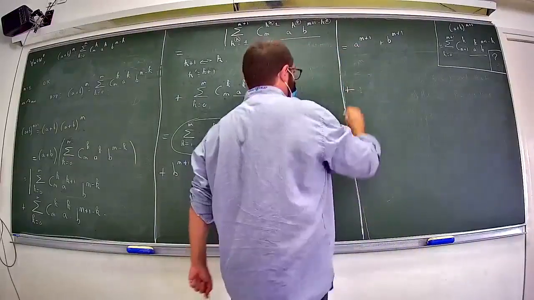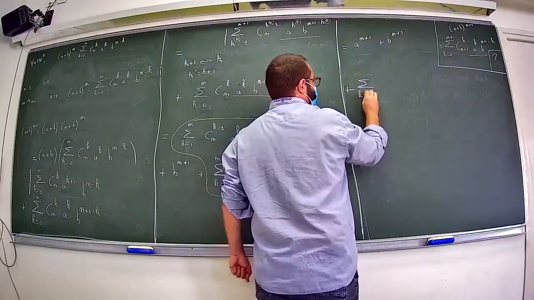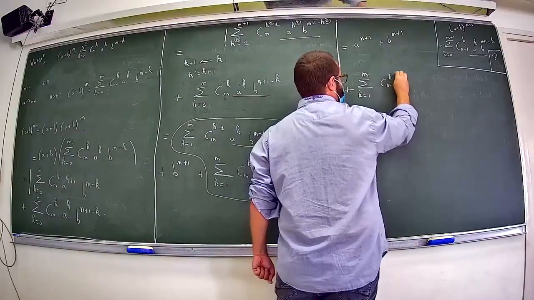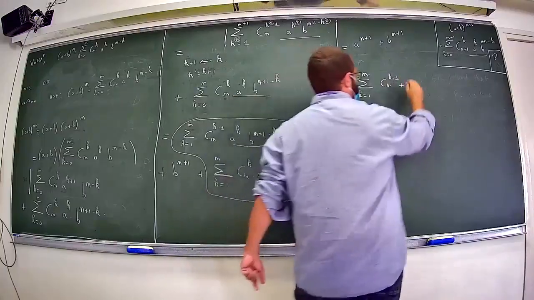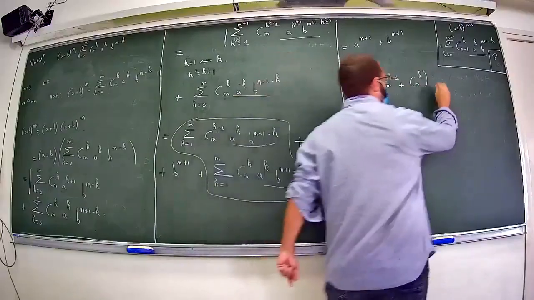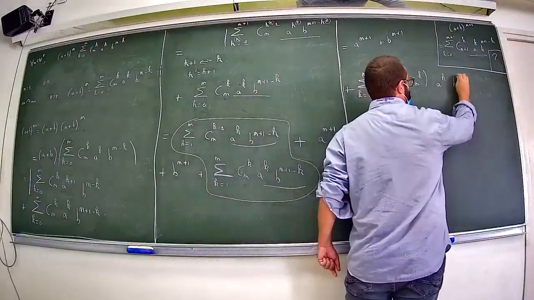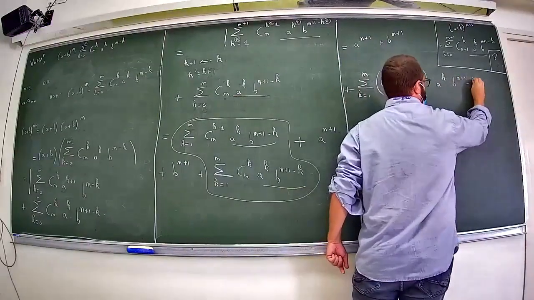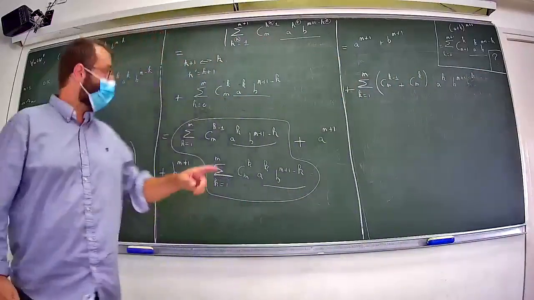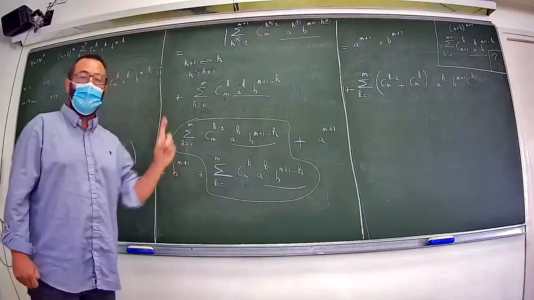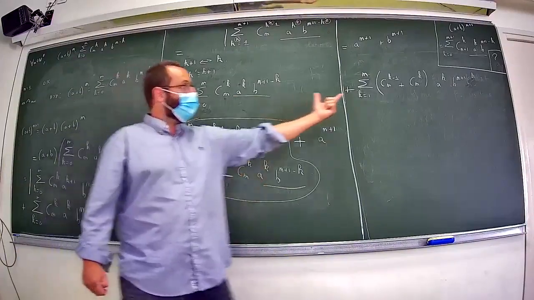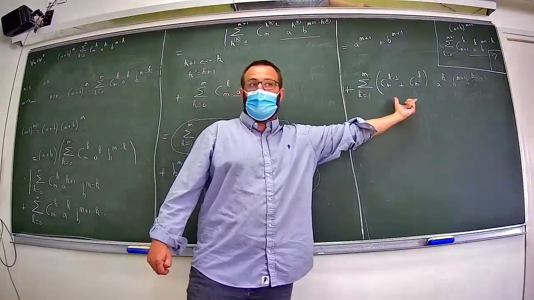Plus the sum from k equal to 1 to n of (C(n,k minus 1) plus C(n,k)) times a^k b^(n plus 1 minus k). Do you agree? I just regroup these two sums into a single one, meaning that I write a single sum with inside this one plus this one. That is exactly what I have written here, putting what they have in common into factor.